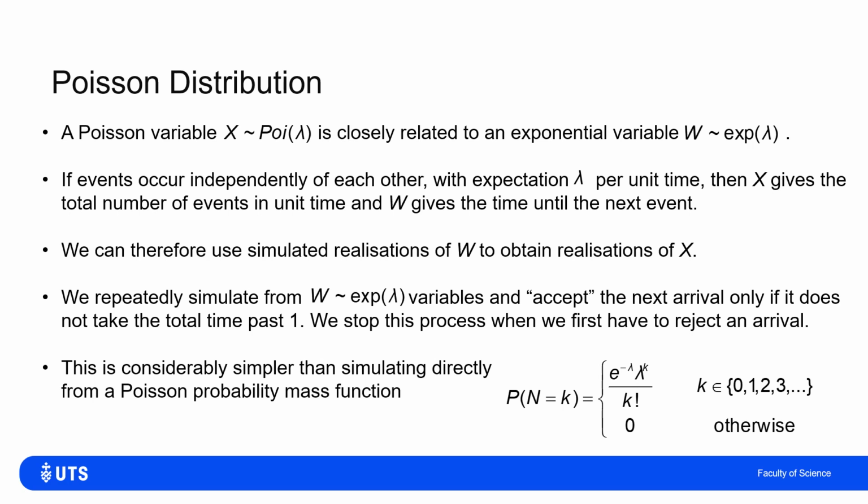What I don't want to be working out is the cumulative probability of a Poisson variable, because adding e to the minus lambda times lambda to the 10 over 10 factorial, plus e to the minus lambda times lambda to the 9 over 9 factorial, plus e to the minus lambda, no, I don't hate myself enough to want to do that.